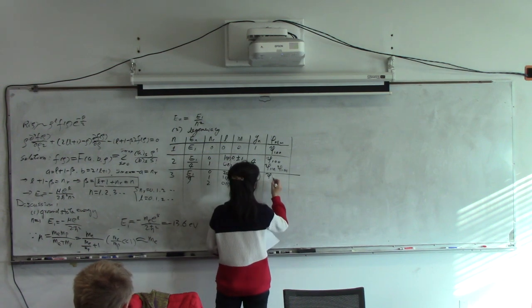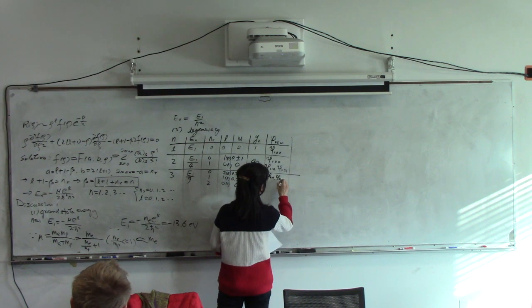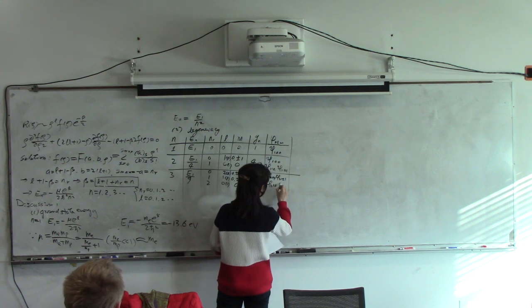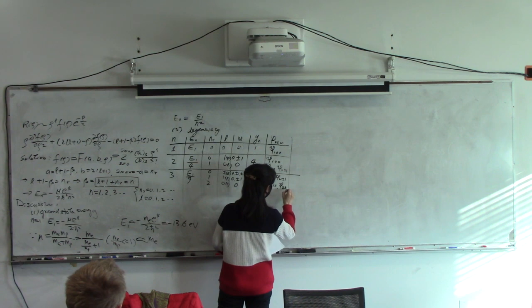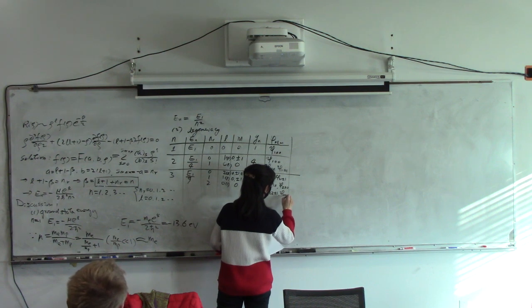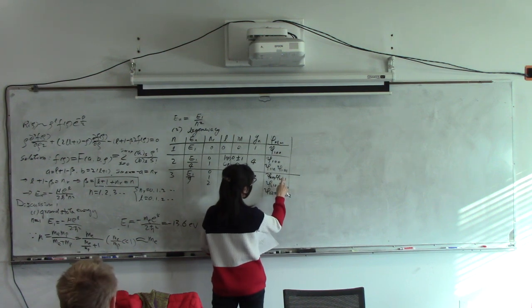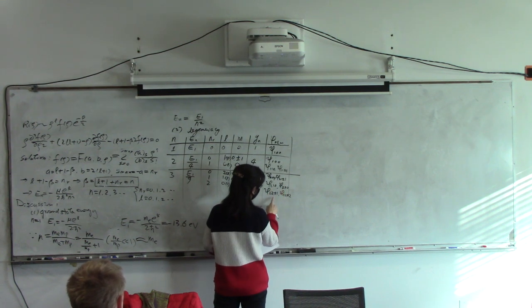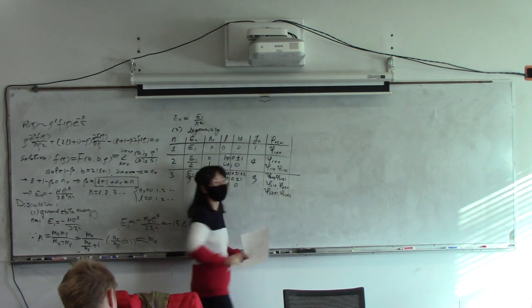The states are 0,2,0; 0,2,±1; 0,2,±2, and so on. So 1, 2, 3, 4, 5, and then we have another group.